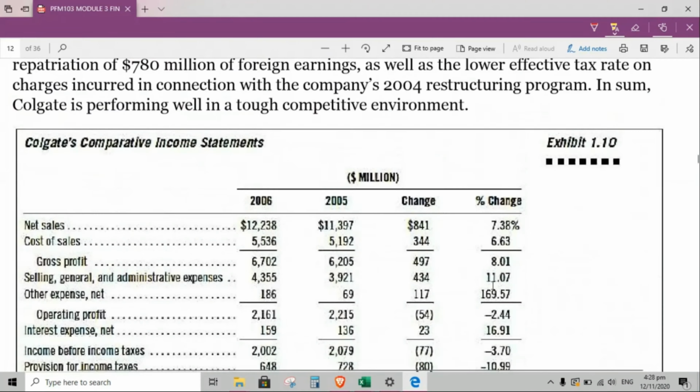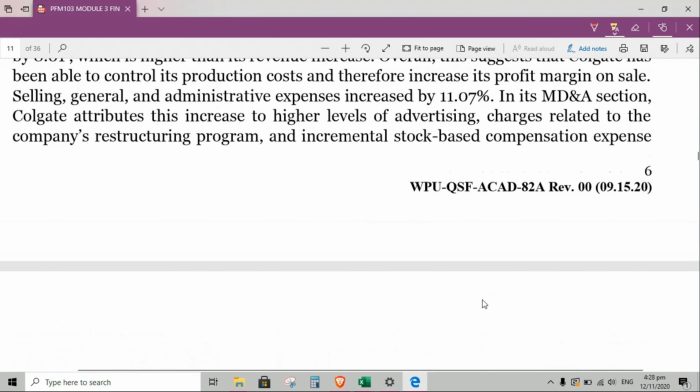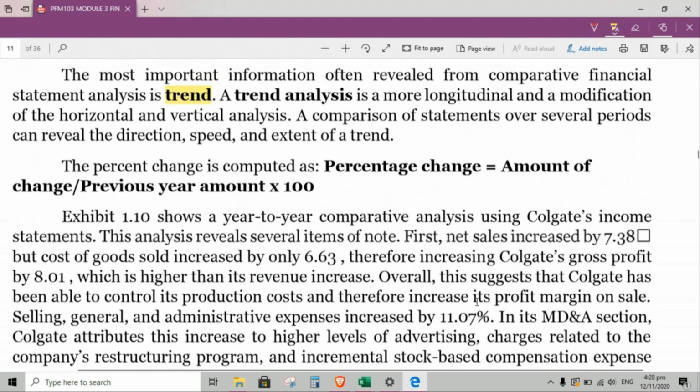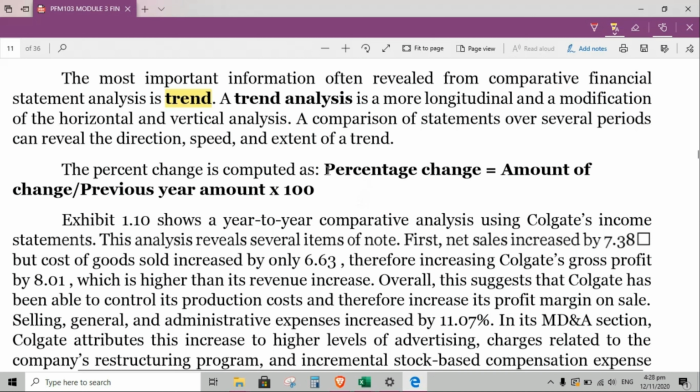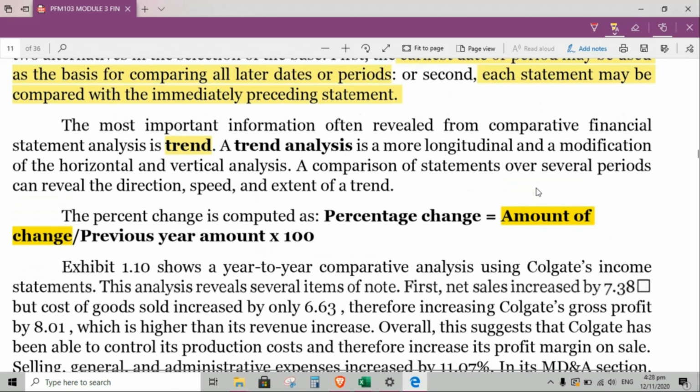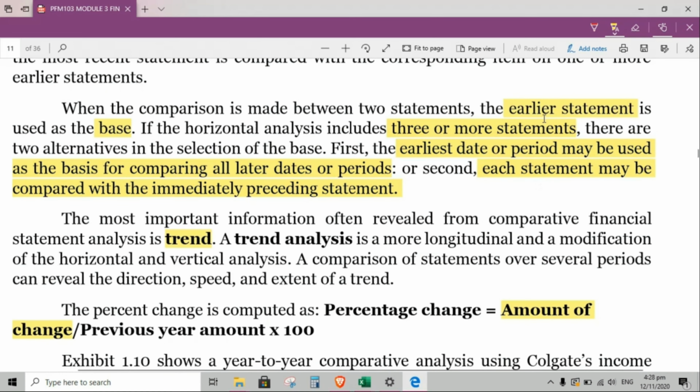Next is, paano natin i-compute ulit? Para malaman natin yung percentage change, una, kukunin natin yung amount of change. Paano natin i-compute yung amount of change? Tulad ng sinabi kanina, ang earlier statement yung gagamiting base.